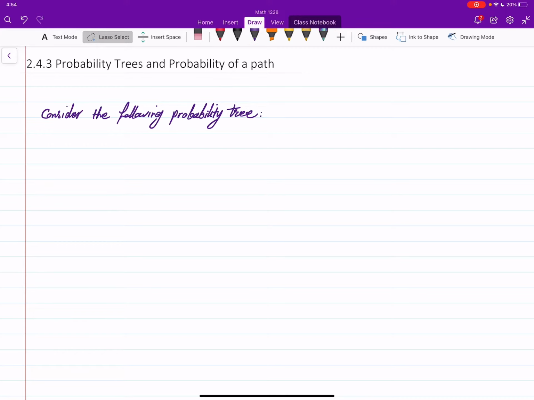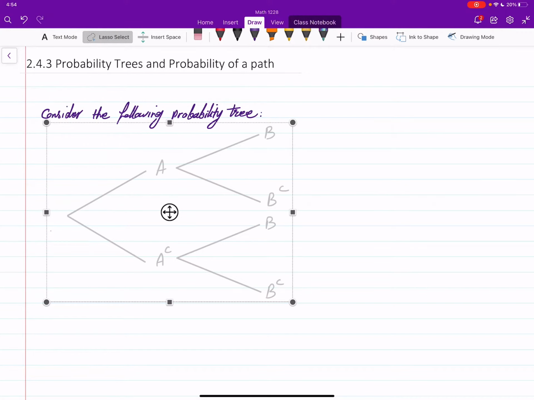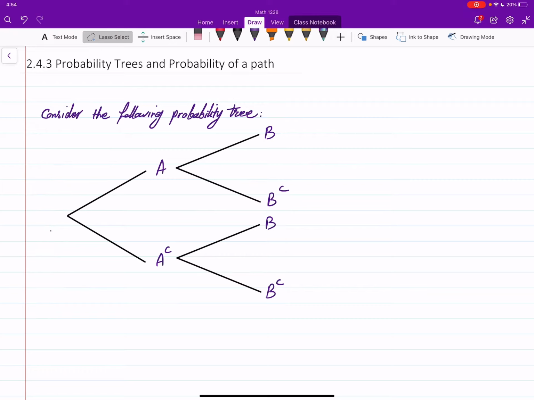Okay, so here what we have is, yes. Now the numbers that we have here are probability of A, and here is probability of B knowing A. Probability of B knowing A, remember the formula for this.